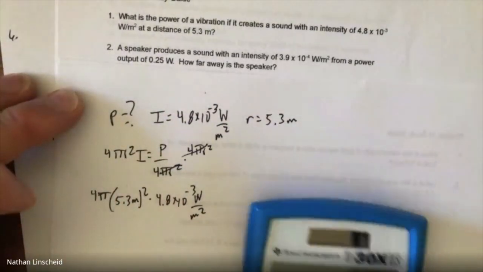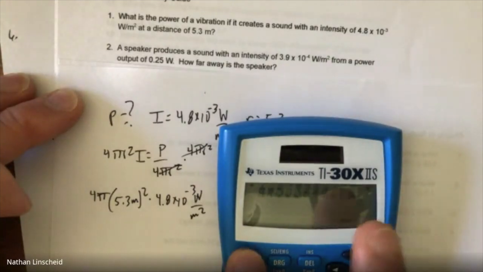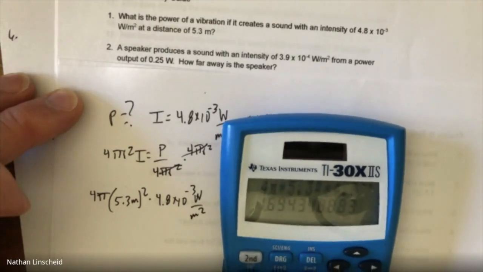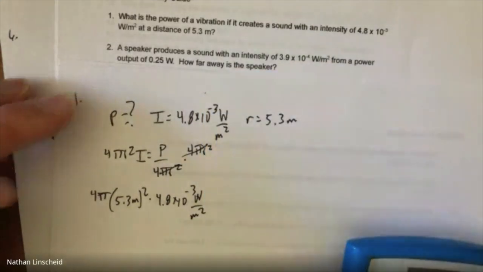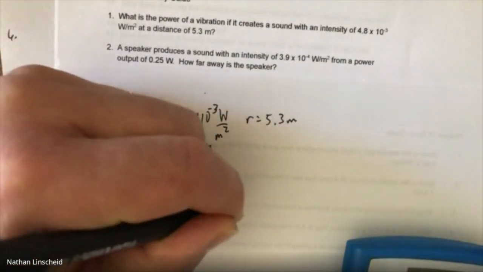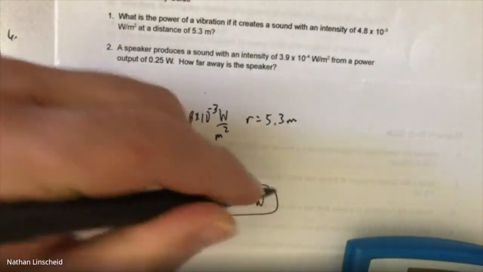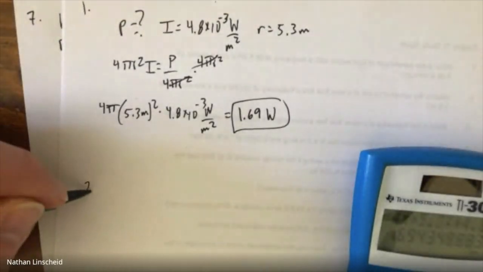And let's get the calculator out here. 4 pi times 5.3 squared times 4.8 times 10 to the negative third equals 1.69, and power is measured in watts. All right, moving on to number 2.